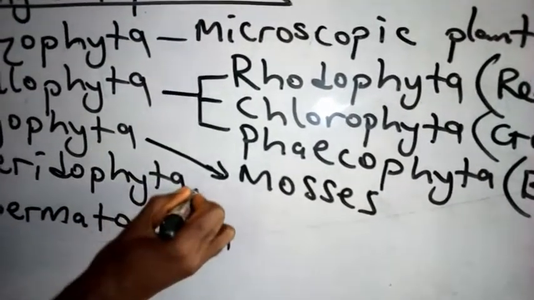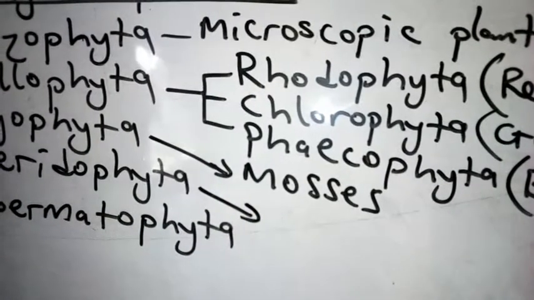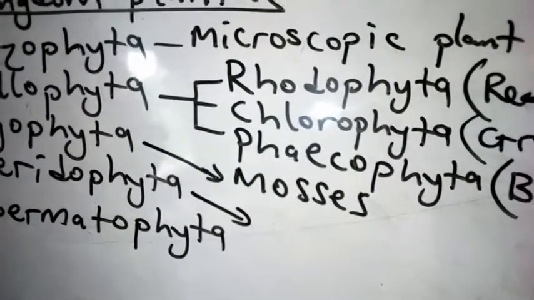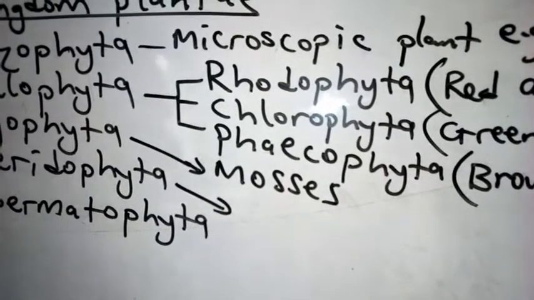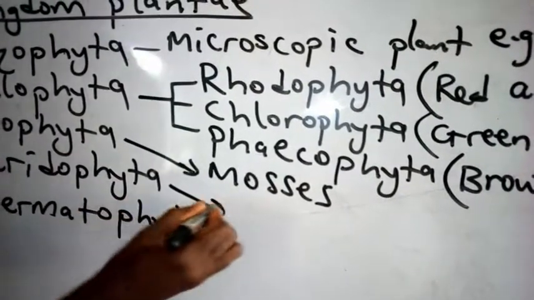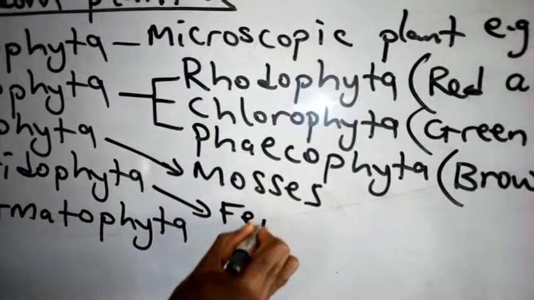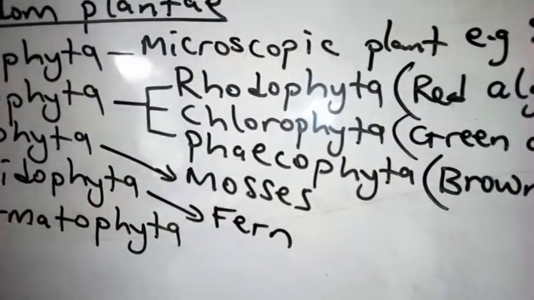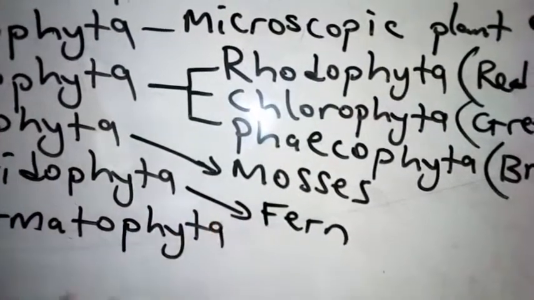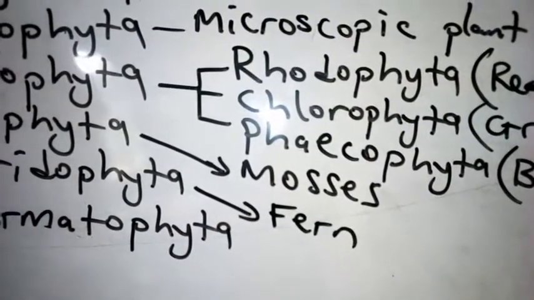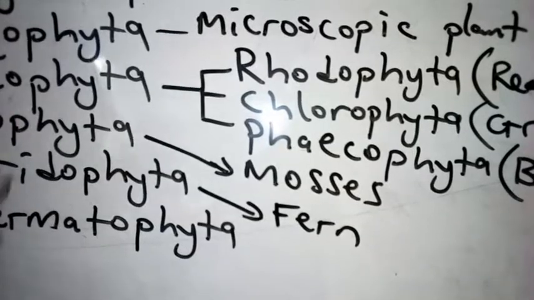Then we have the pteridophyta. The pteridophyta are mostly plants that gain support by growing on other plants. For example, we have the fern. You can easily see them growing on a palm tree. Those are the pteridophyta, and from here you see that they have started possessing leaves and roots.